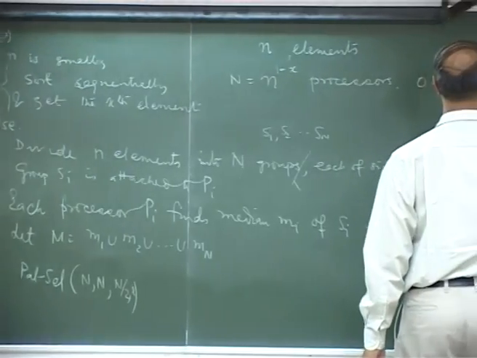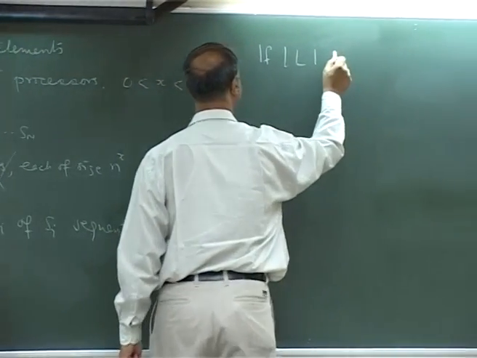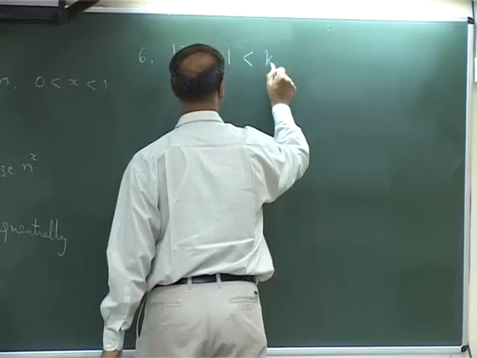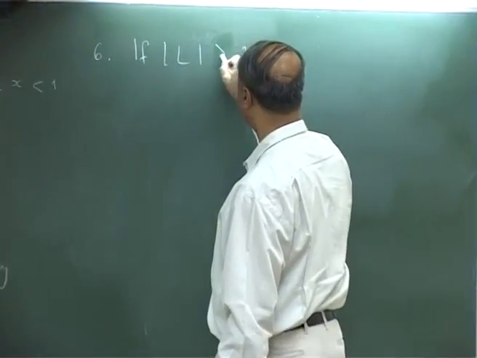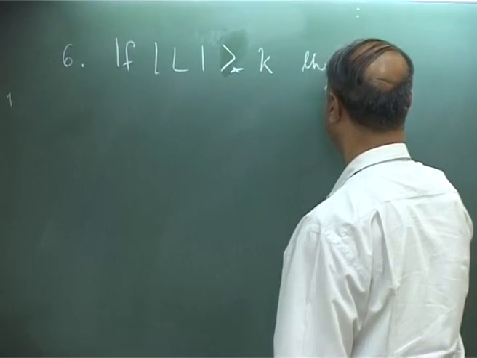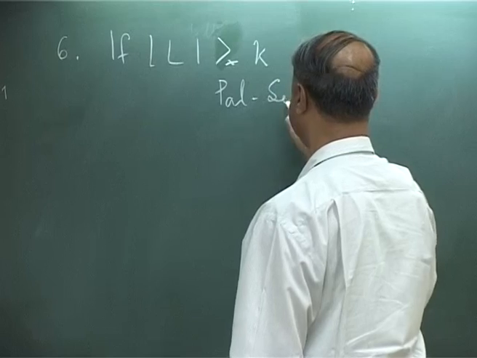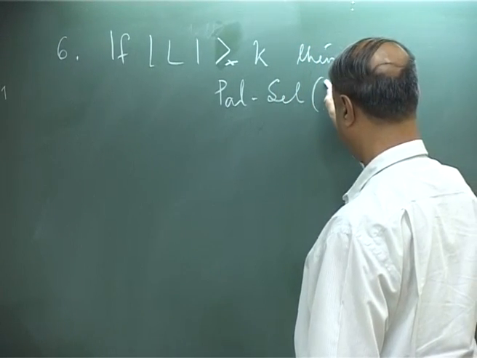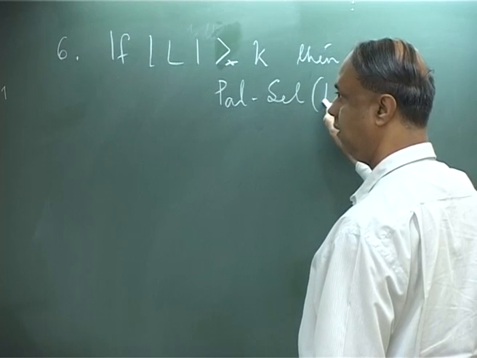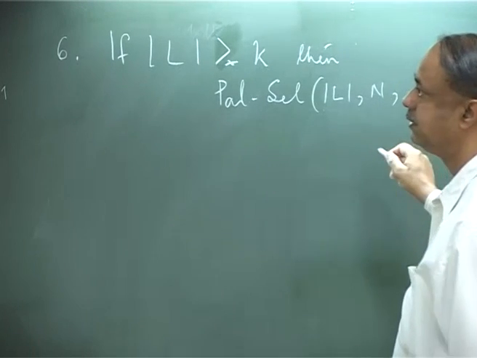Step 6 is, if size of L is greater than or equal to K, then you call PAL select from L. You have the total number of processors.